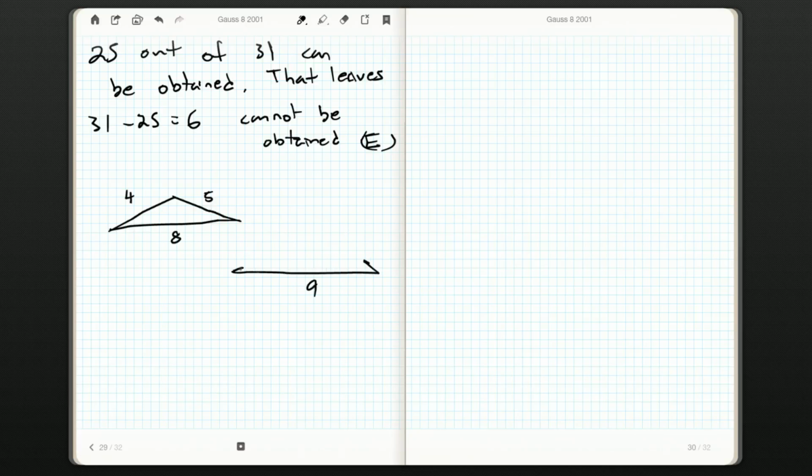But 4 and 5 will finally meet exactly along the length 9, that rod, and so we get to what's called a degenerate triangle. It's basically just a line. Okay.